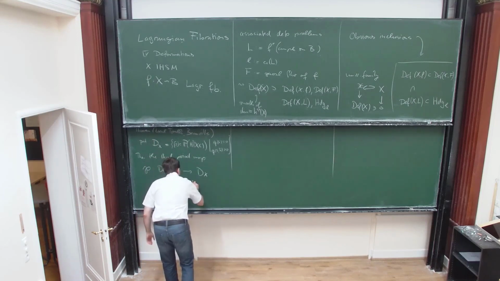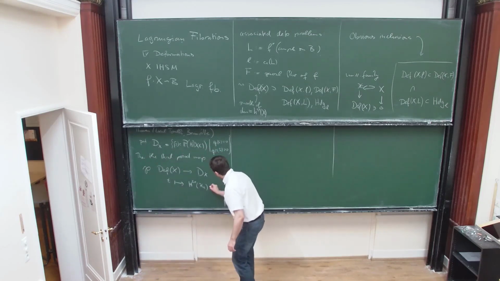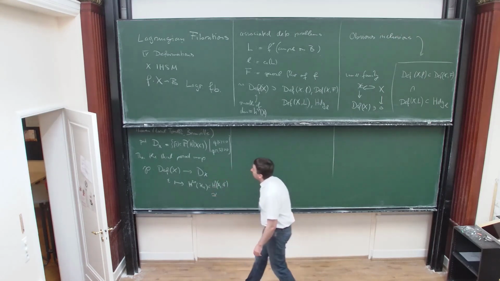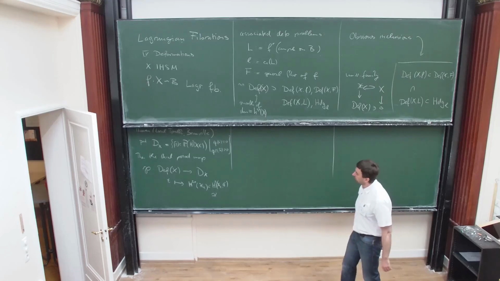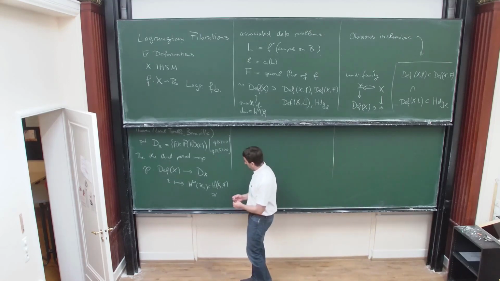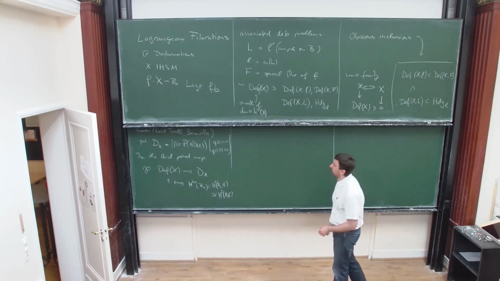I take the H^{2,0}(X_t), which is a line in H^2(curly X_t, C). But because we're in the world of germs, these germs are locally contractible. I have a unique way by parallel transport to identify this with H^2(X, C). So I indeed end up in here.